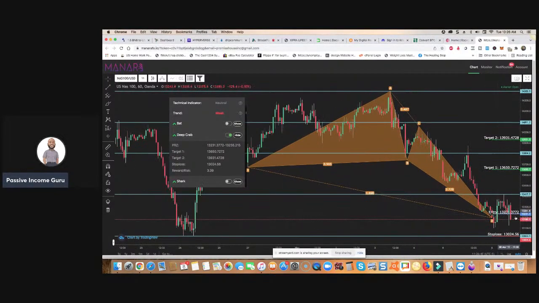We have an entry point here. We have a stop loss here as well. Now we have some structure here. As you can see, this is support at the D zone, and you see price is still trying to push down here.